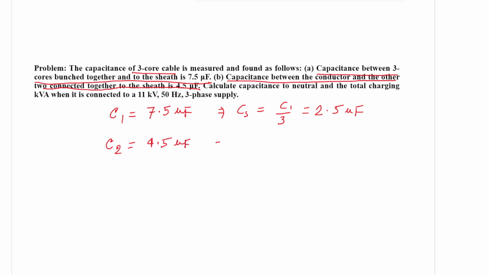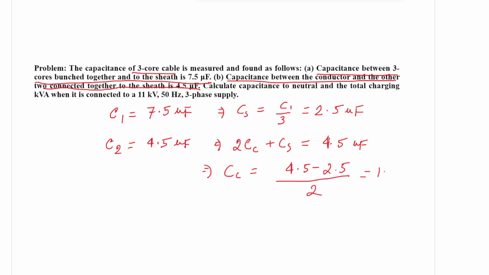What is C2? C2 is 2CC plus CS, which is equal to 4.5. So from there you will have CC as 4.5 minus 2.5 divided by 2, that will be 1 microfarad.